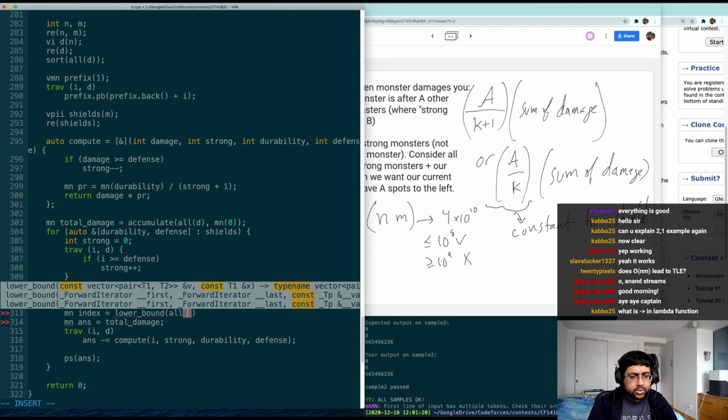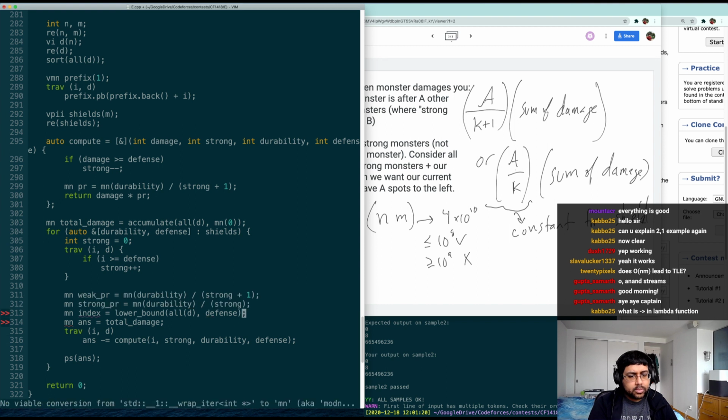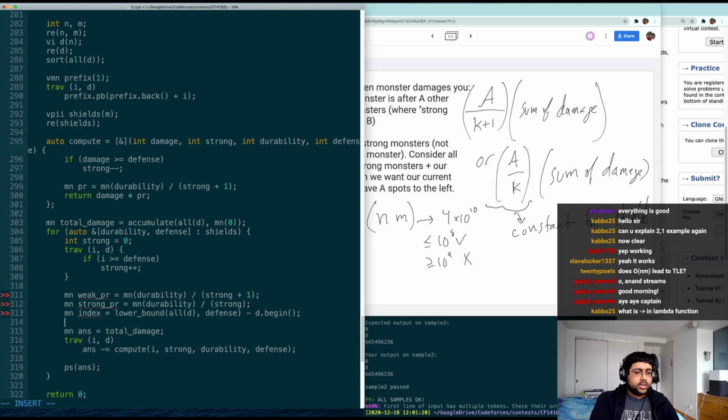So we'll do that using a binary search. So this tells us the first monster that is greater than or equal to defense.